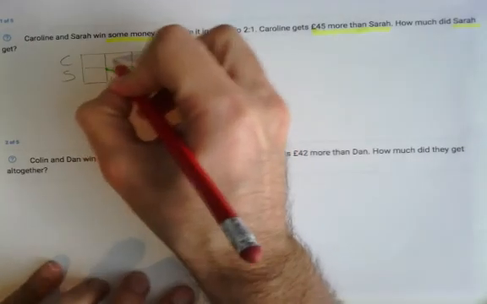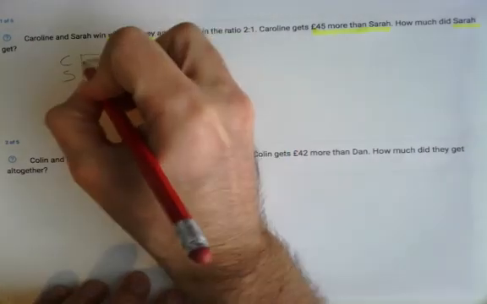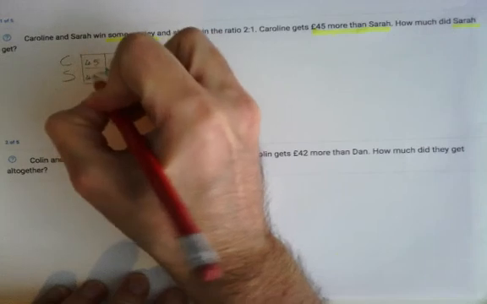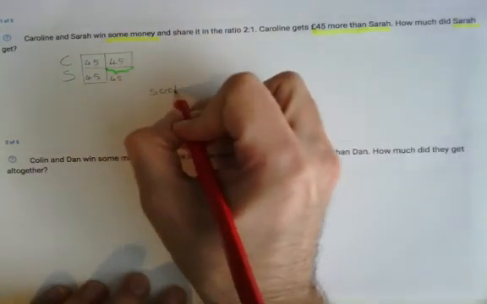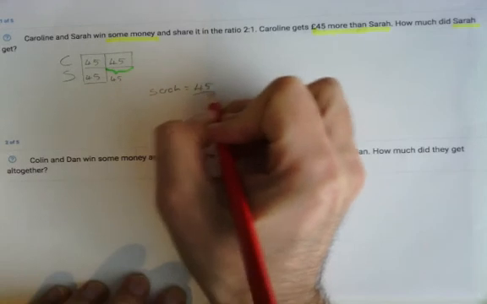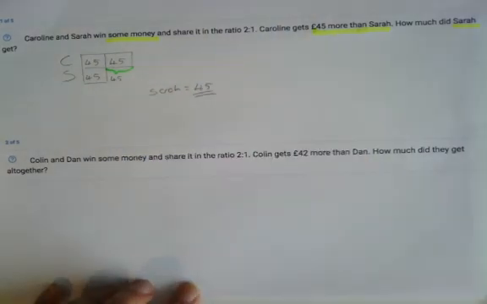So that block there is worth £45, which means that £45 must be in each block. So how much did Sarah get? Sarah got £45. Okay.